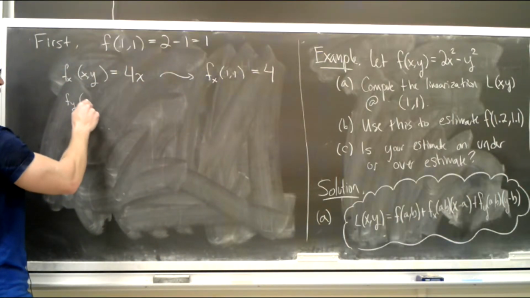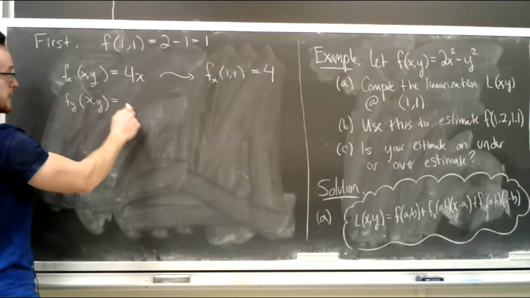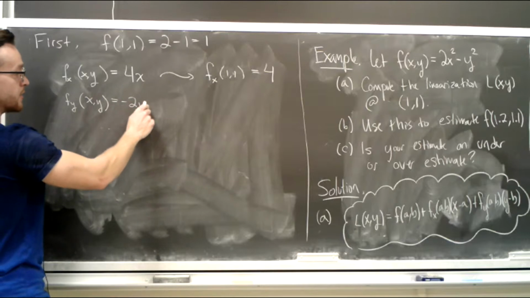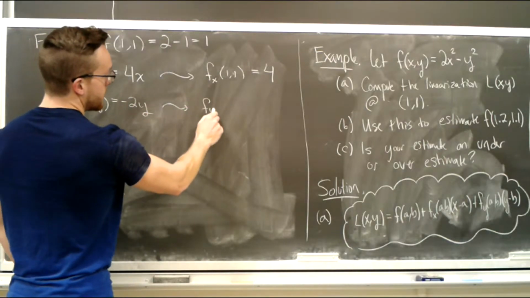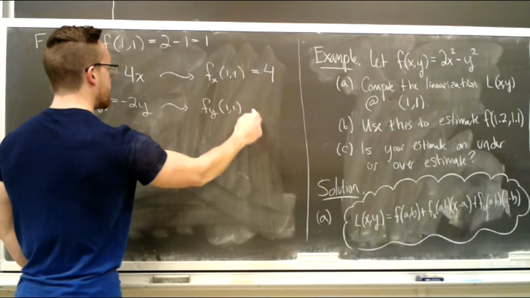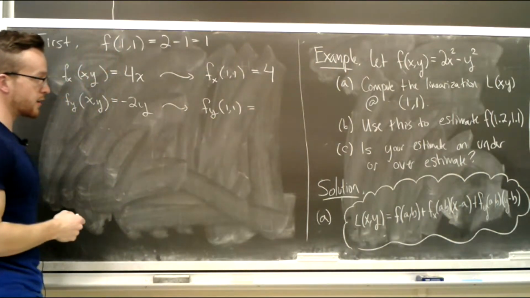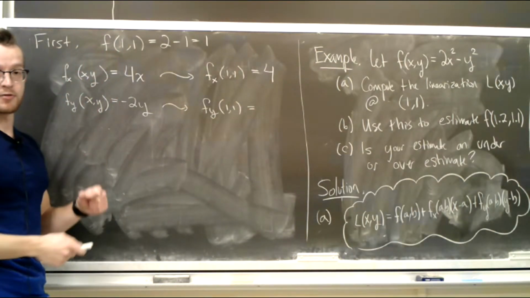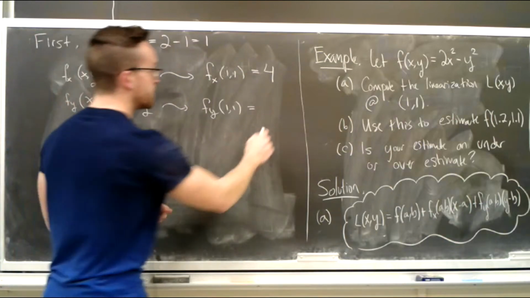Do the same thing with the y derivative. The y derivative as a function is negative 2y. So the y derivative at the point that we're evaluating at is just going to be negative 2 times 1, which is negative 2.